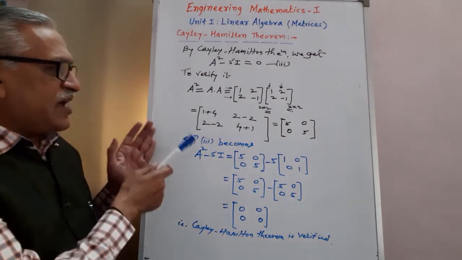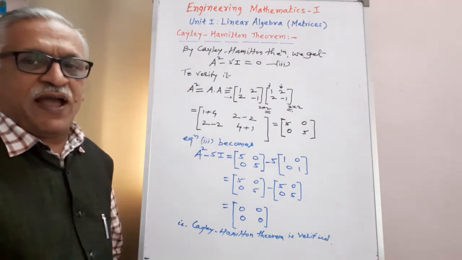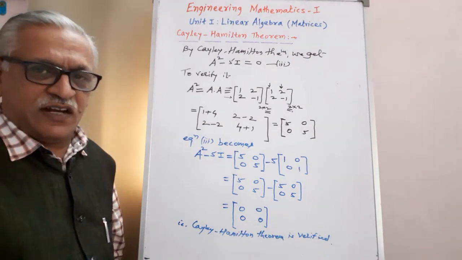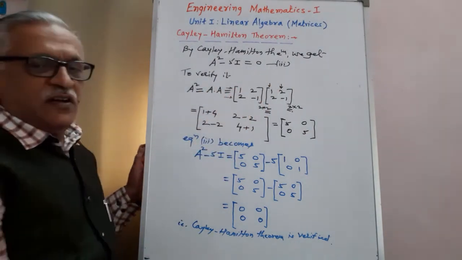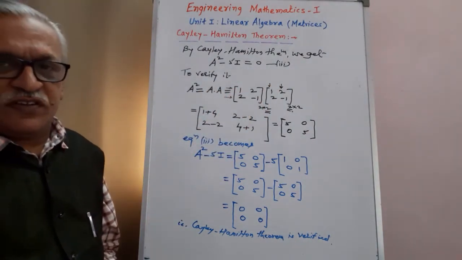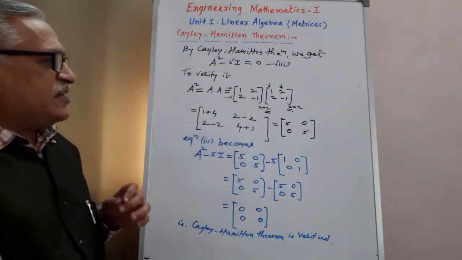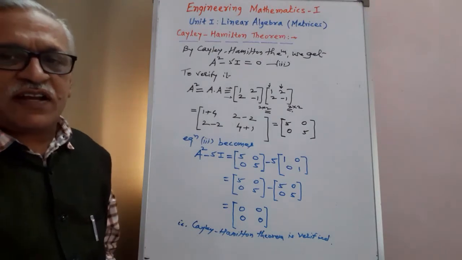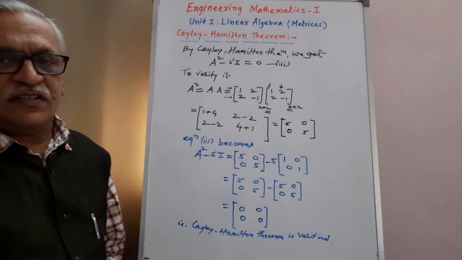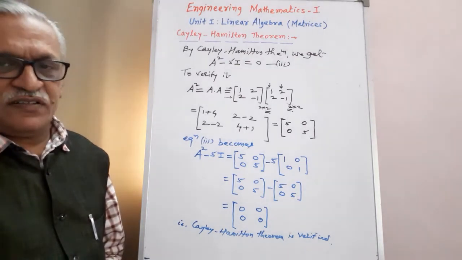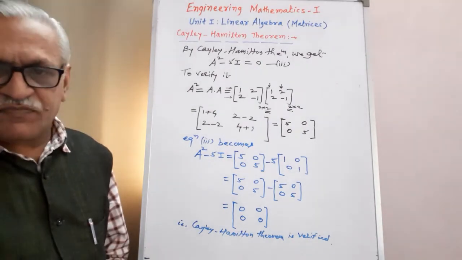Then, as per the Cayley-Hamilton theorem, that equation is satisfied by the matrix itself, and therefore we have to write down the equation in terms of A. We call it a new equation, and then we have to verify it by obtaining all these matrices, and if the sum of those matrices is the zero matrix or null matrix, it means the theorem is verified. These are the steps we have to perform to verify the Cayley-Hamilton theorem.